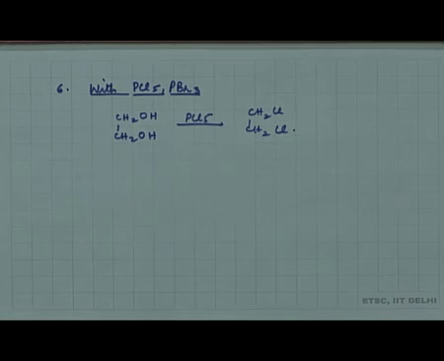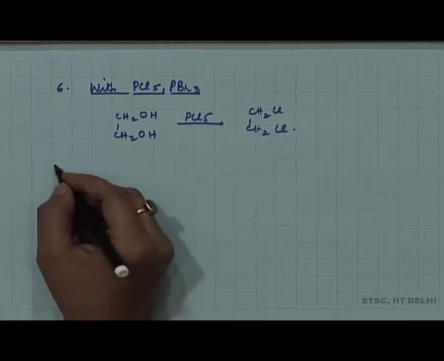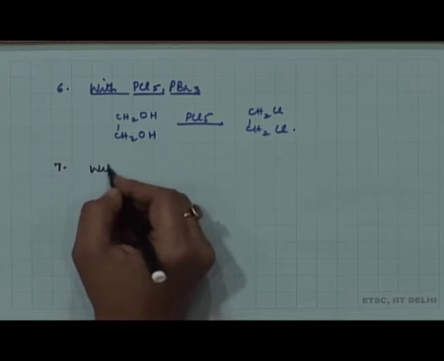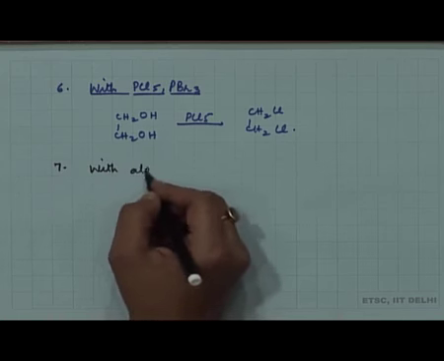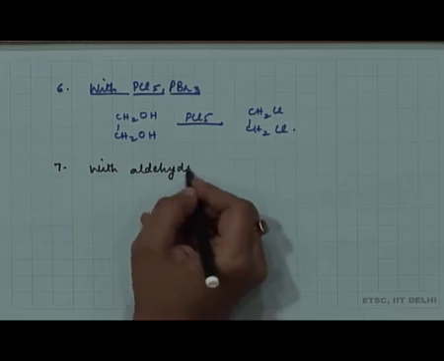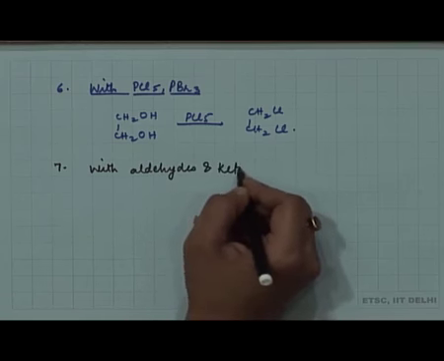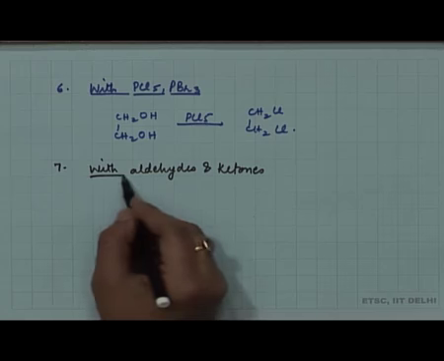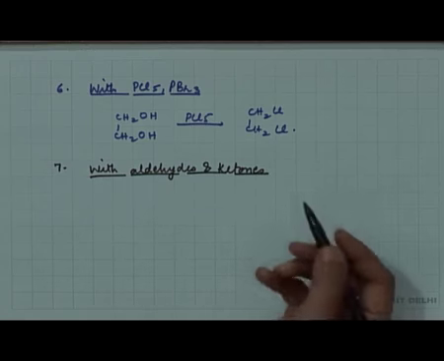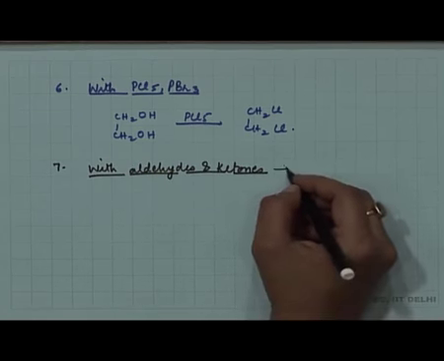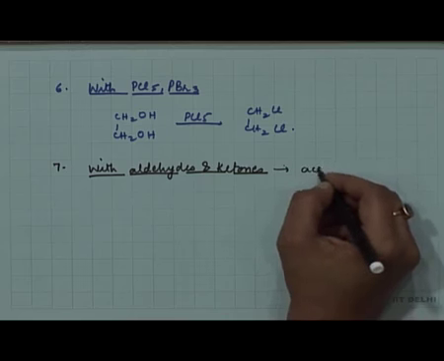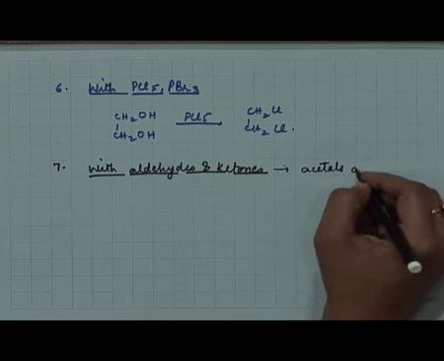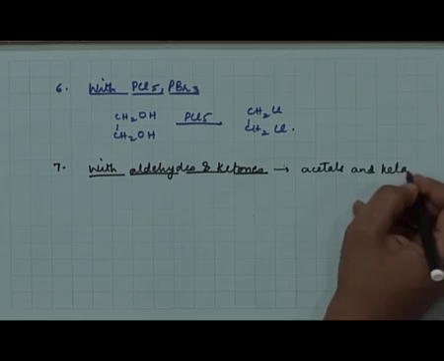Important reaction in this category would be the reaction of diols with aldehydes and ketones. These are important reactions. So, with aldehydes and ketones, the diols end up giving us acetals and ketals as products.